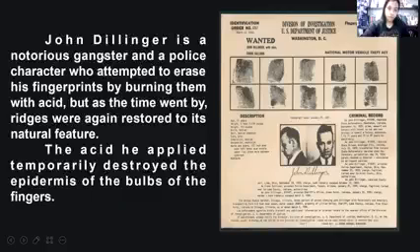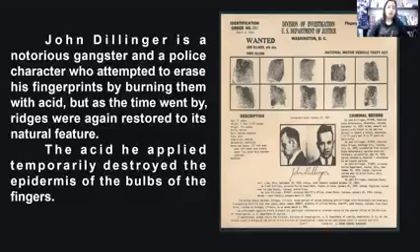Let's use John Dillinger's case as an example. John Dillinger was a notorious gangster and police character who attempted to erase his fingerprints by burning them with acid. But as time went by, the ridges were restored to their natural feature. The acid he applied temporarily destroyed the epidermis of the bulbs of the fingers.